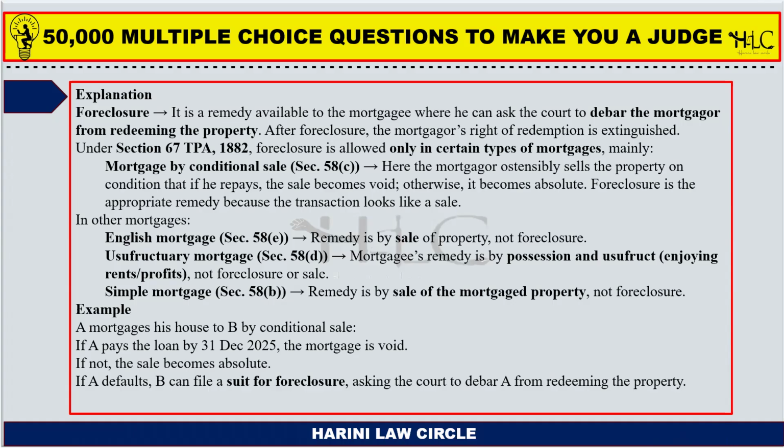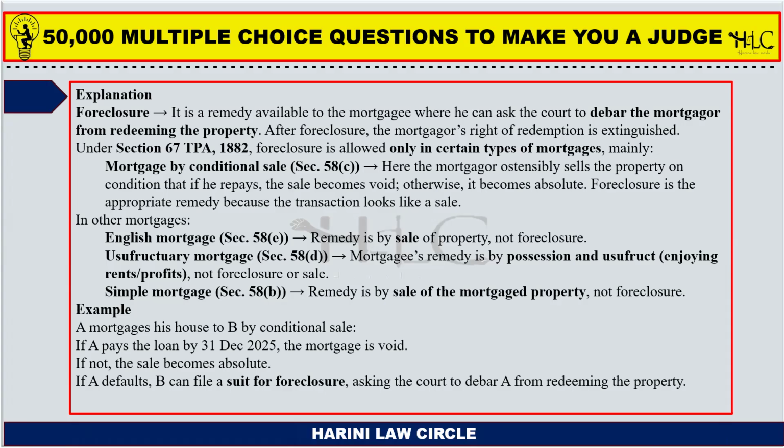So under the TP Act, the mortgagor who mortgaged the property has his right of redemption extinguished, whereas the mortgagee has a specific right to apply to the court to debar the mortgagor from redeeming the property.